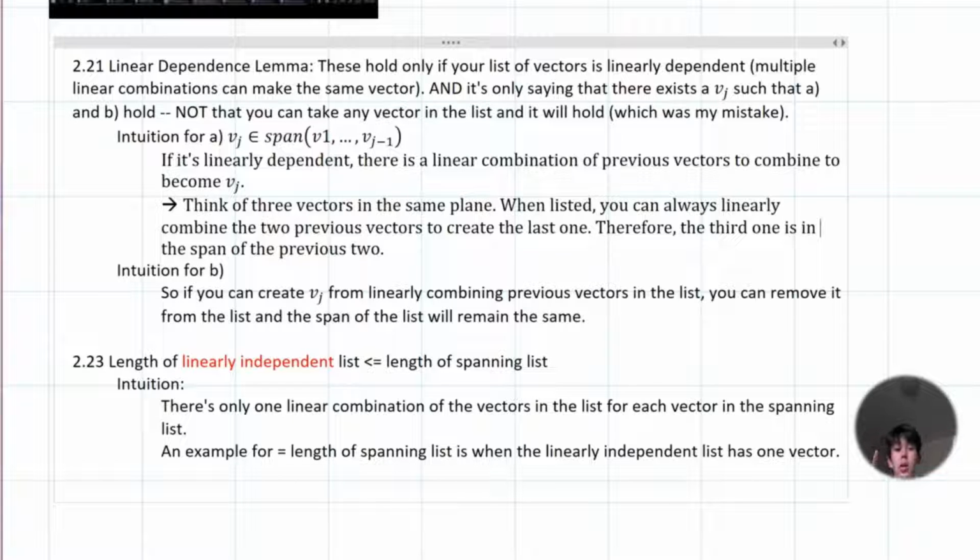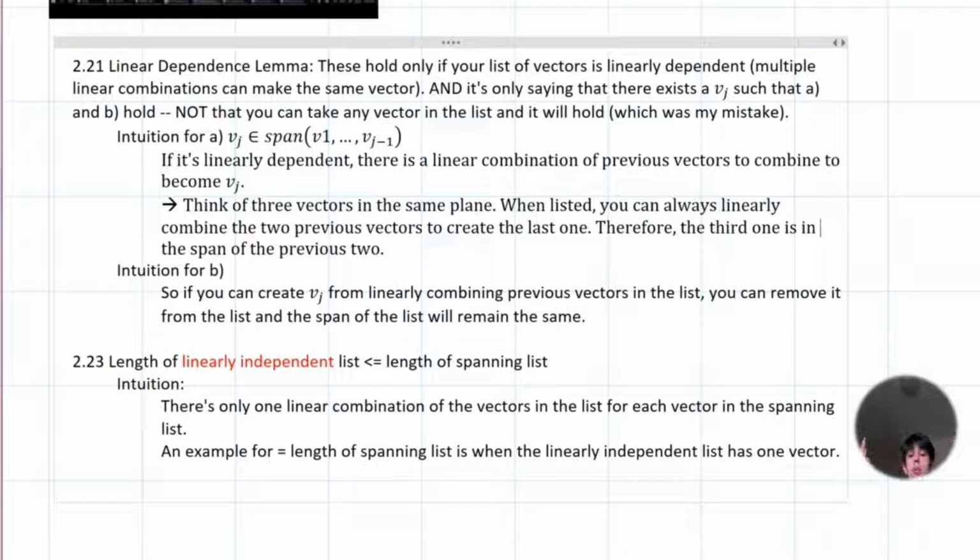So that means there's only one linear combination of the vectors in the list. So there's only one way you can make each vector in the spanning list, which means you've got 3, and then every vector in your spanning list, and there's a lot more vectors in your spanning list. It's very hand wavy, I know, but that's the intuition behind it.